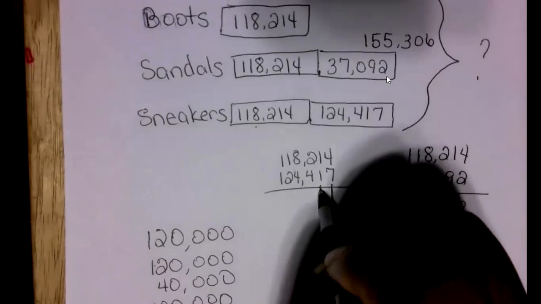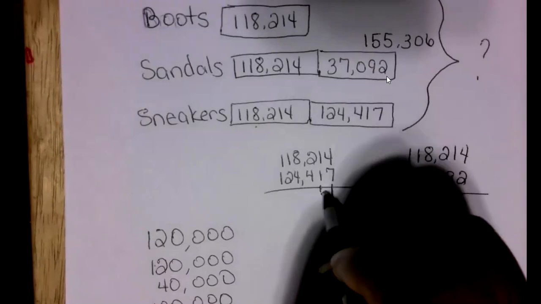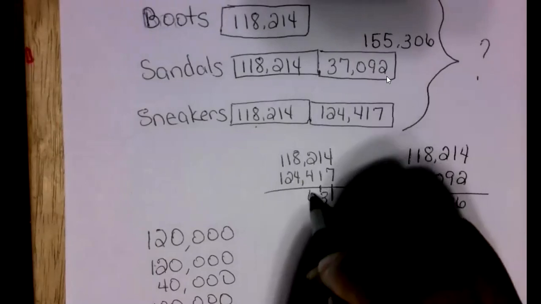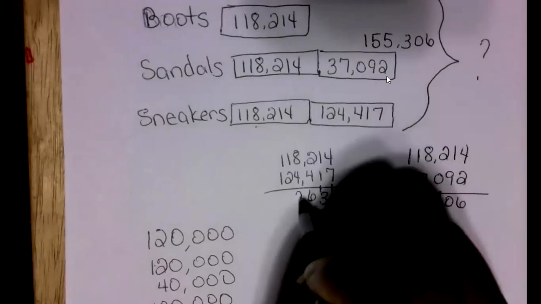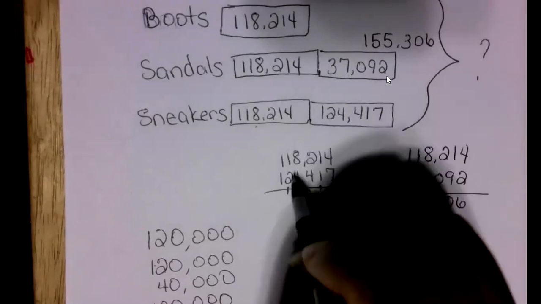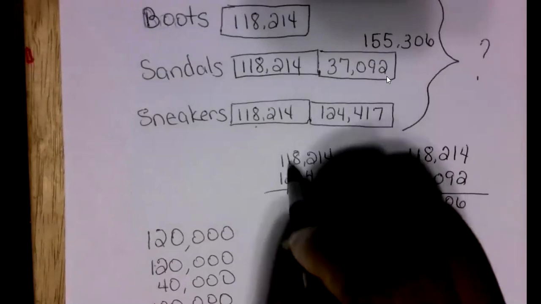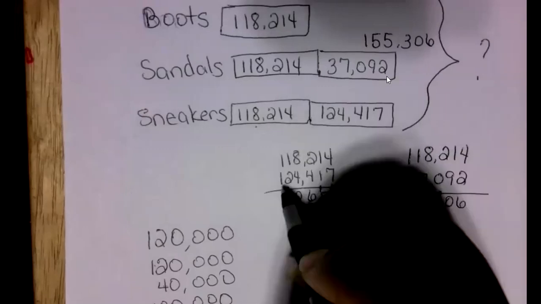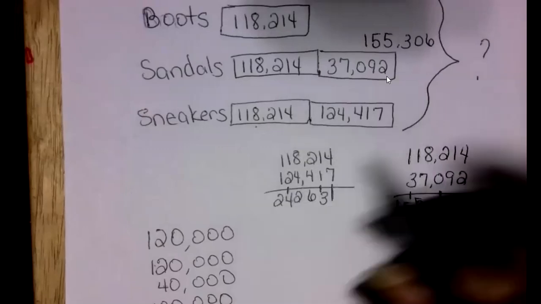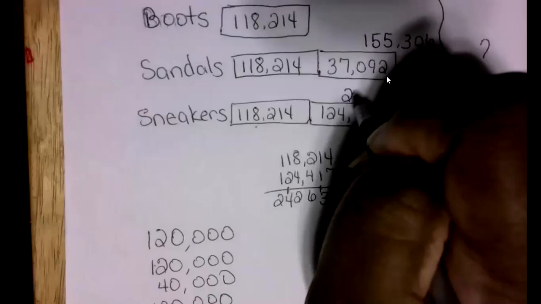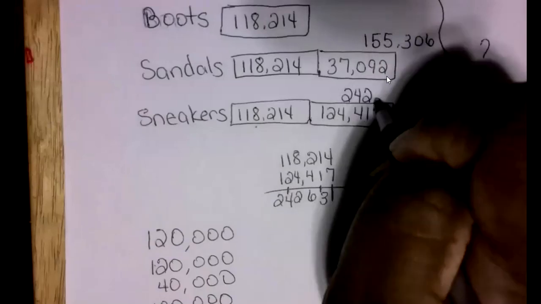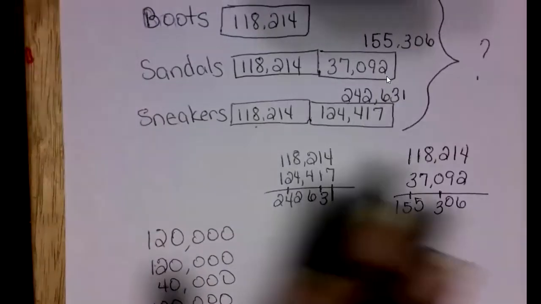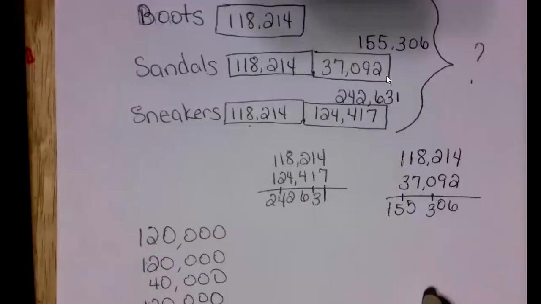Carry my 1. 1, 2, 3. 2 plus 4 is 6. 8 plus 4 is 12. Carry my 1. 2 plus 1 plus 2 is 3, plus 1 is 4. And 1 plus 1 is 2. So I sold 242,631 sneakers. But I have to figure out how many I sold in all.